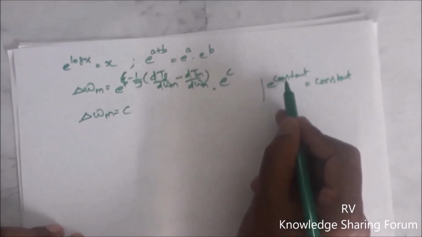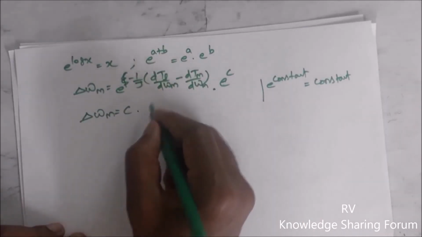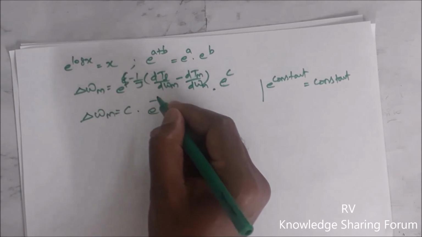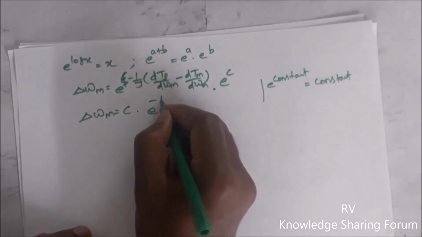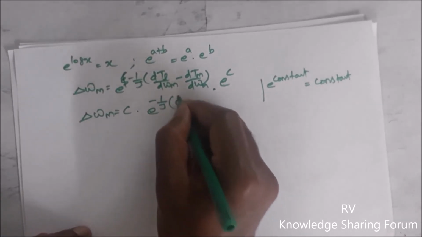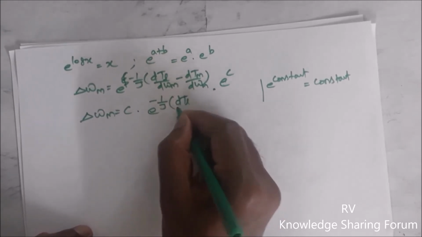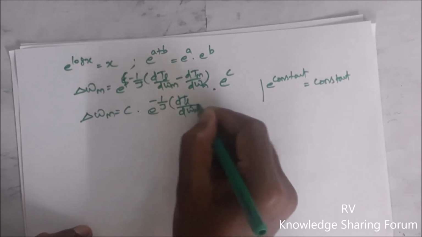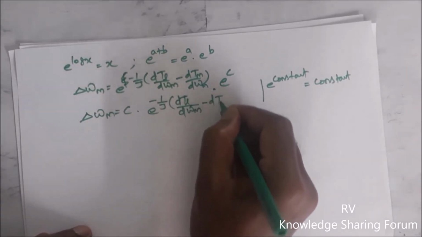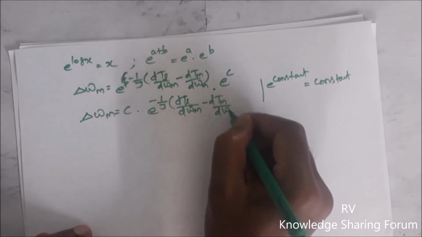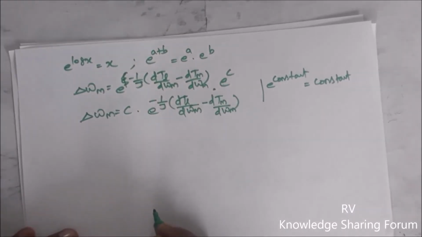Here our constant value is c. Therefore, delta omega m is equal to c into e to the power of minus 1 by j into dtl by d omega m minus dtm by d omega m.